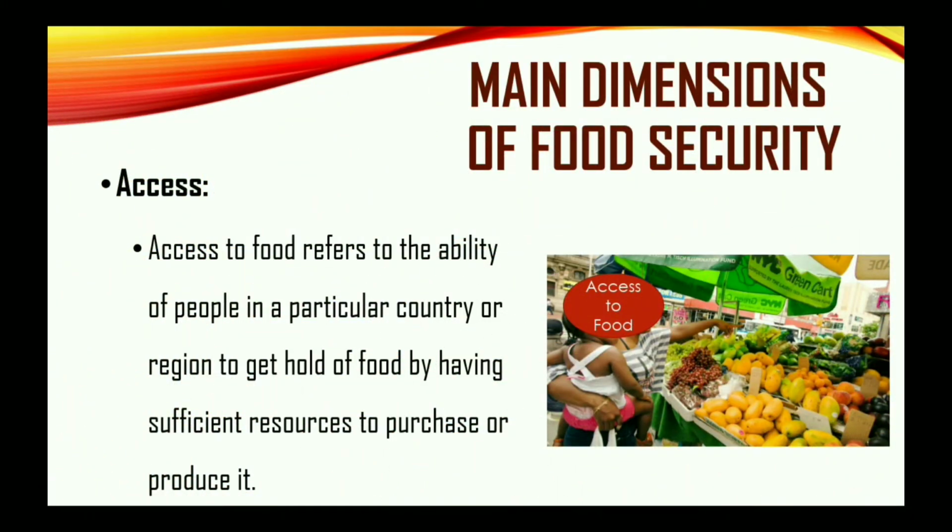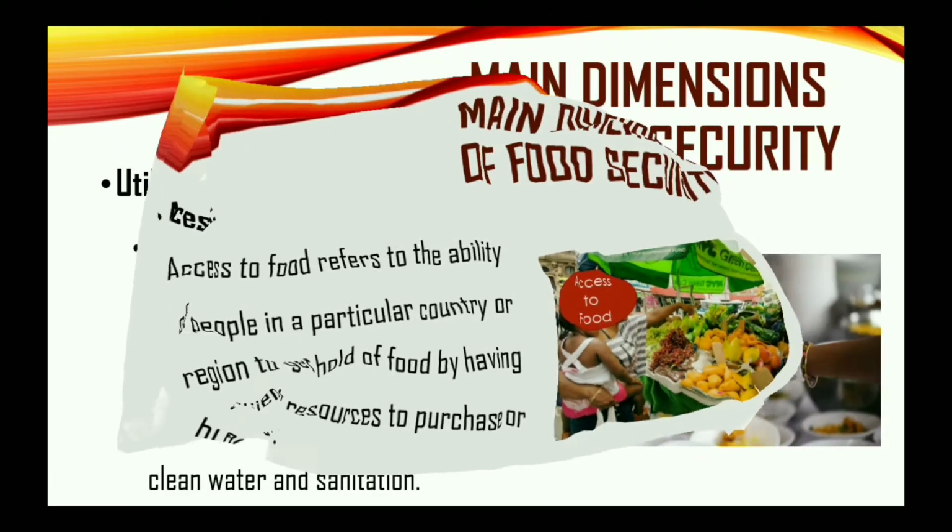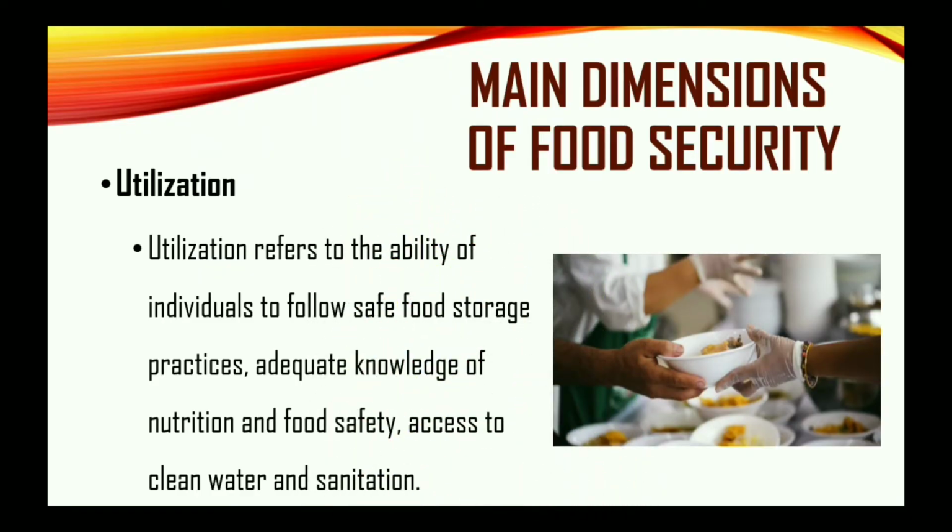Now, access. Access to food refers to the ability of people in a particular country or region to get hold of food by having sufficient resources to purchase or to produce it. Good. The next is utilization.